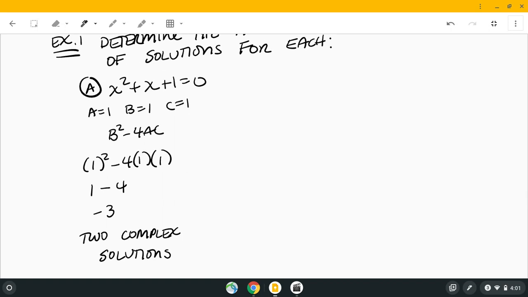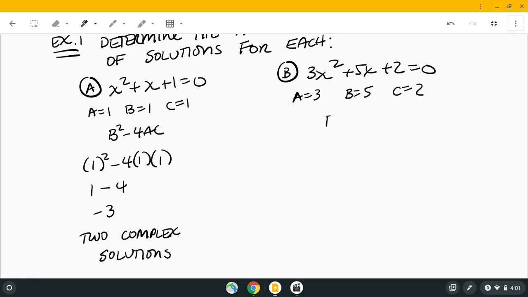Okay? And let's try this one. Suppose we have 3x squared plus 5x plus 2 equals 0. So a equals 3, b equals 5, c equals 2. When we plug that into b squared minus 4ac, let's see what we get. b is 5, a is 3, c is 2.